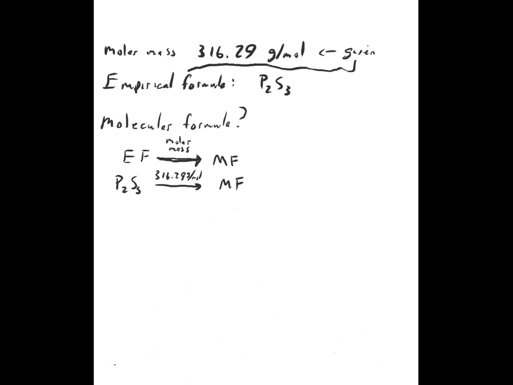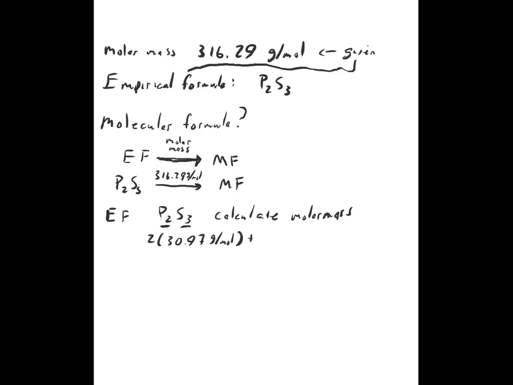Okay, here's what you do. You take your empirical formula, which is P2S3, and you calculate the molar mass. Calculate what the molar mass of that compound is. So let's go ahead and do that. Phosphorus is 30.97, and there are 2 of them in the empirical formula.